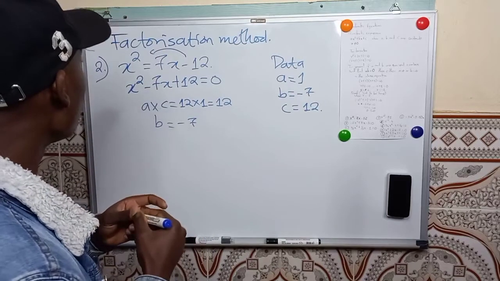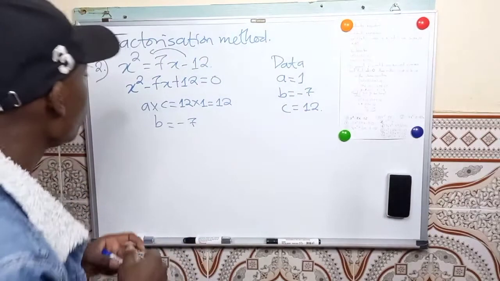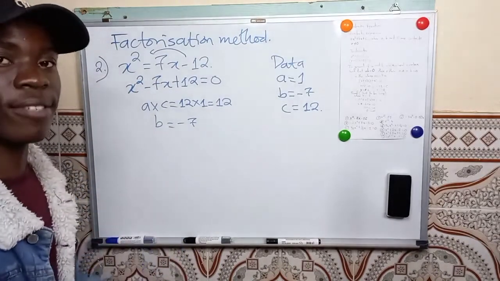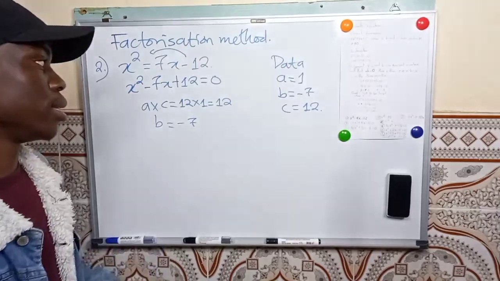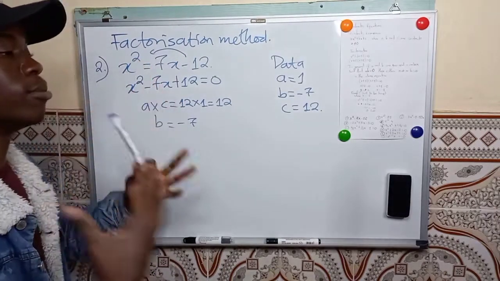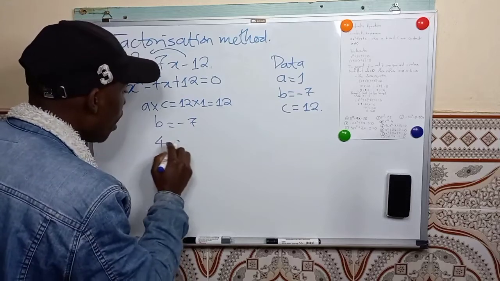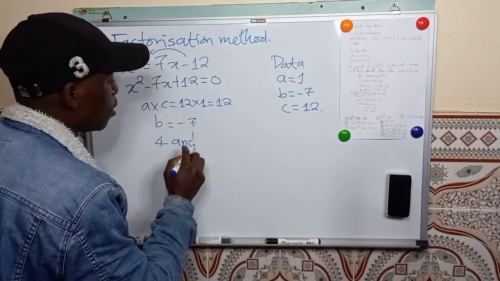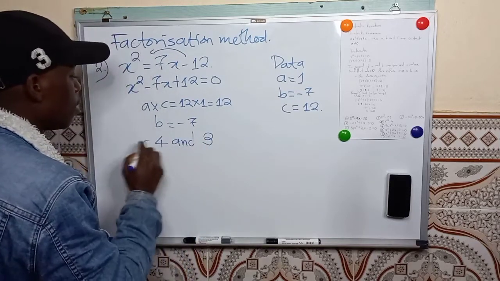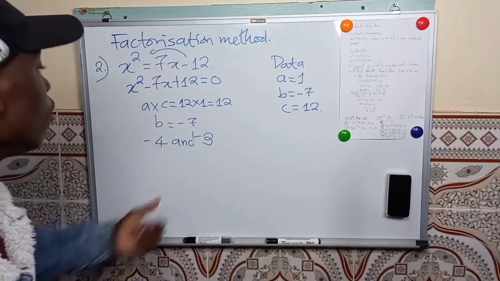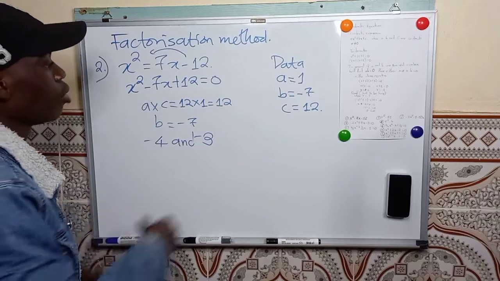So you look for two numbers. If you multiply them, they'll give you 12. If you add them, they'll give you -7. What are those two numbers? You're supposed to be very sharp in terms of your thinking. These two numbers, -4 and -3, if you multiply them, they'll give you 12.